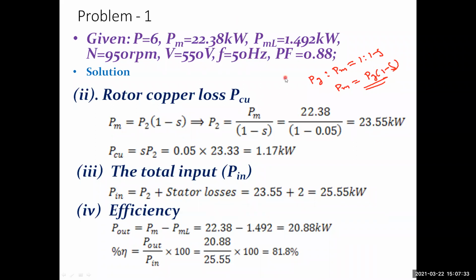Air gap power is to rotor copper loss is to mechanical power developed is equal to 1 is to S is to 1 minus S. By using that relation, we will get all relations.